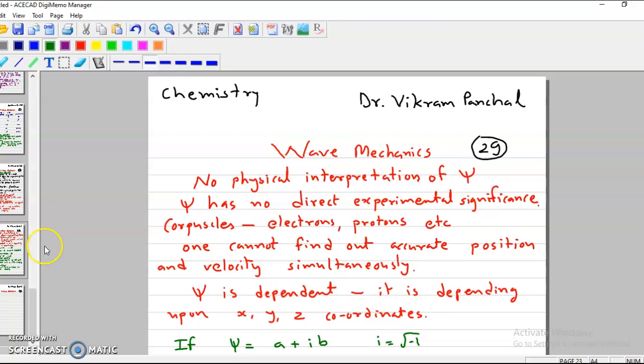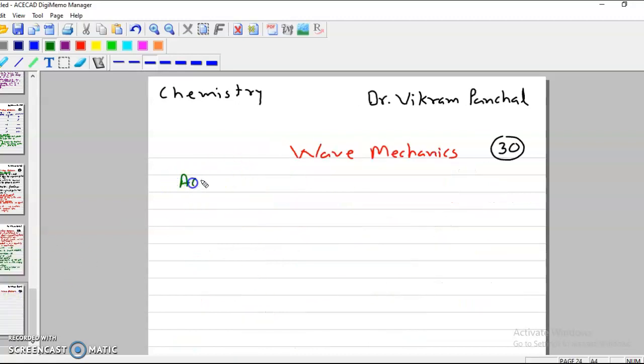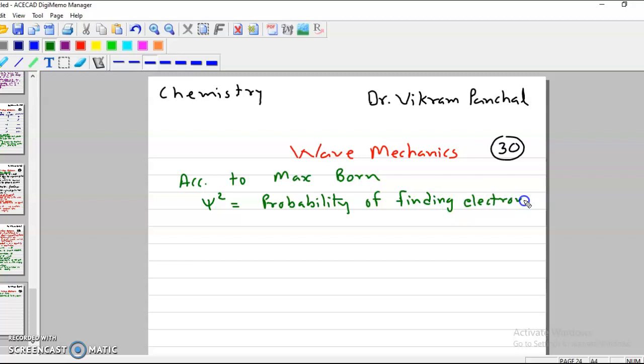That is why, according to Max Born, psi square means the probability of finding an electron in 3 dimensions, and that is nothing but an orbital.